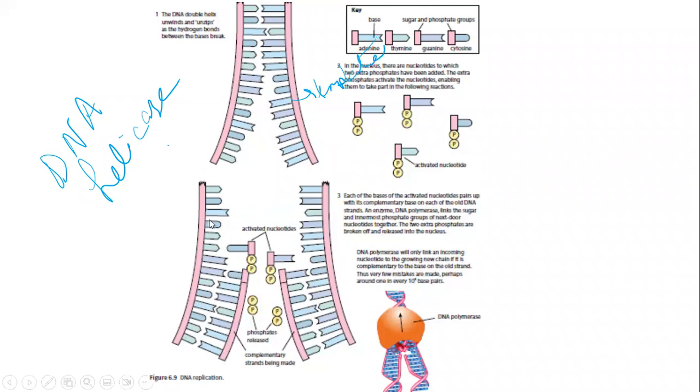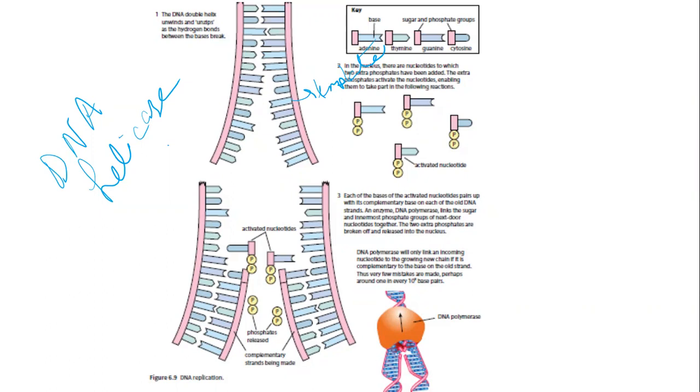In front of your template strand, you will start getting your complementary bases. Generally speaking, the nucleotides have an extra phosphate group attached to them. The extra phosphate group activates the nucleotide so that it can take part in the reaction.